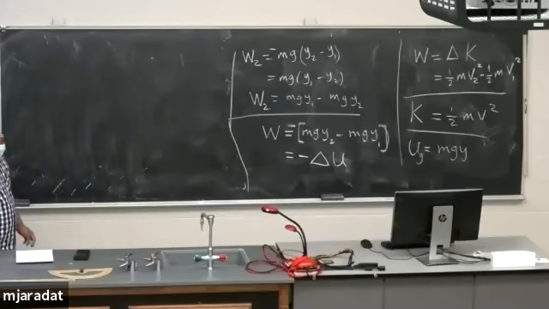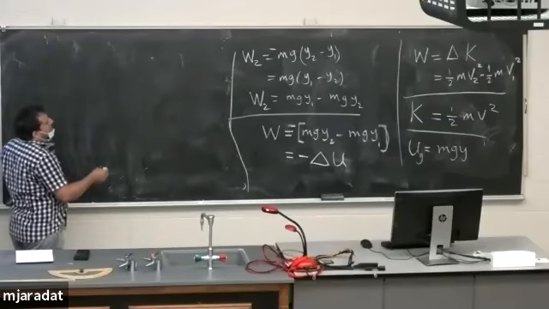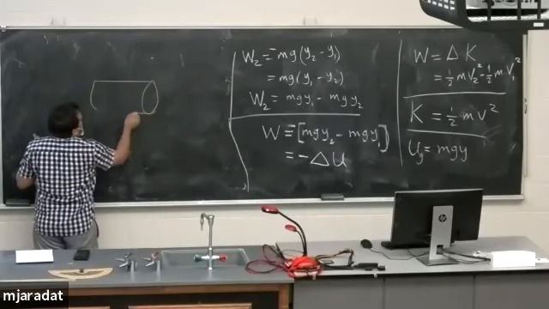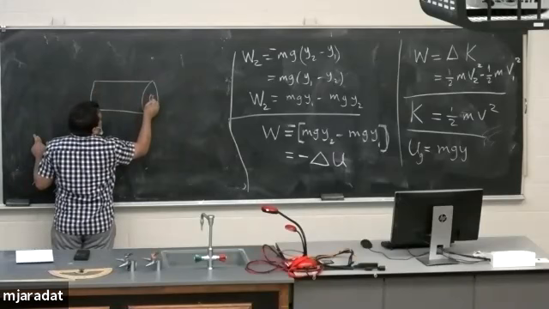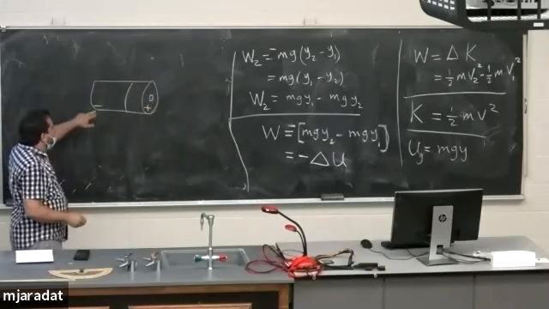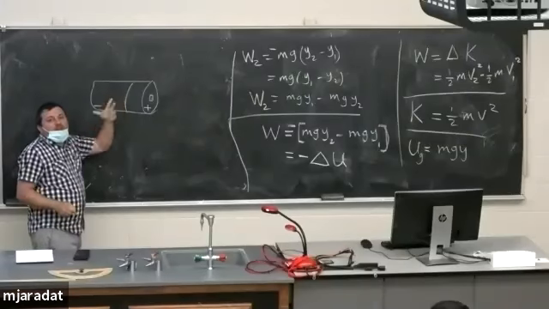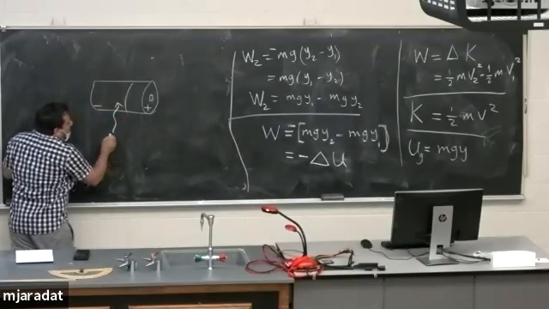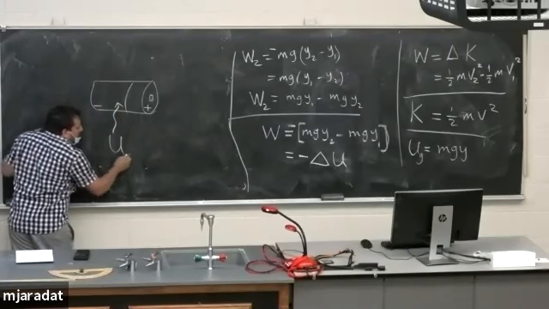The potential energy. We have many shapes of this potential energy. For example, this is a battery. This is the plus and this is the negative pole. Inside the battery, we have chemical elements. Okay, so we have potential energy, but it is chemical.